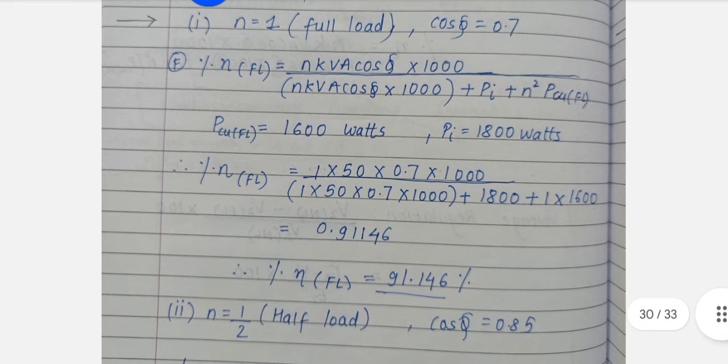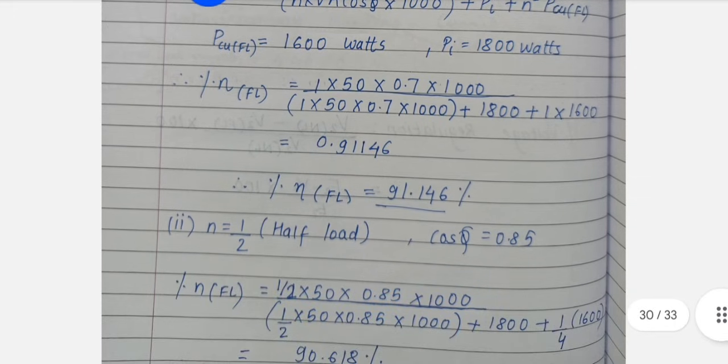Just putting all the values from the given data, you can get 0.911. You have to multiply by 100 to get it in percentage, that is 91.146%.